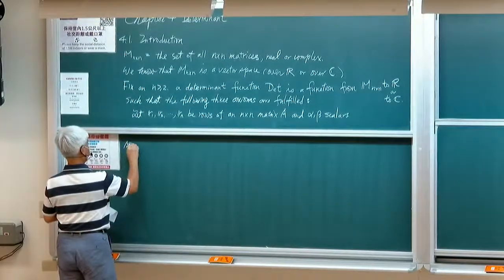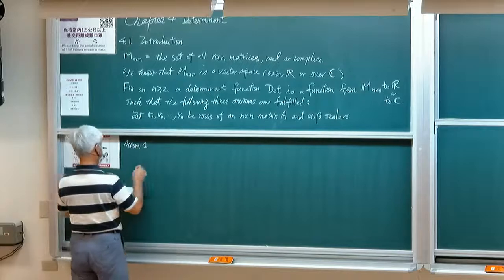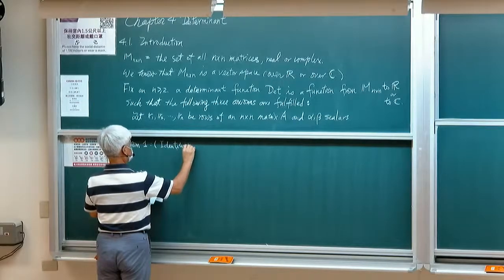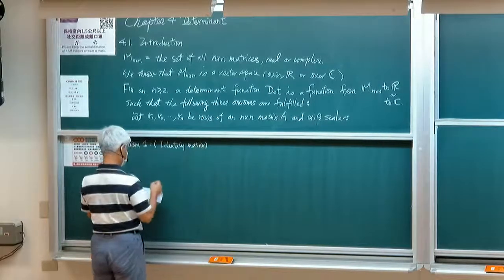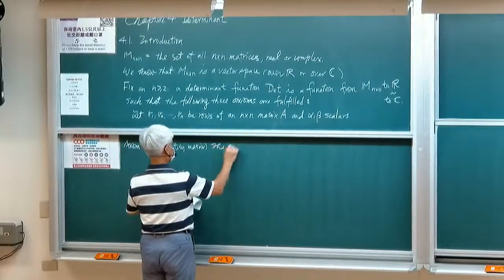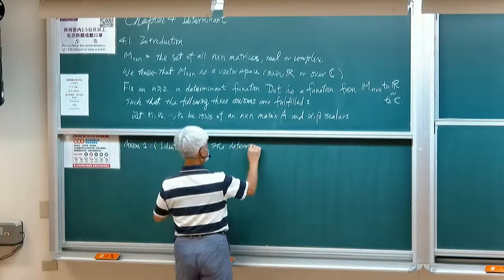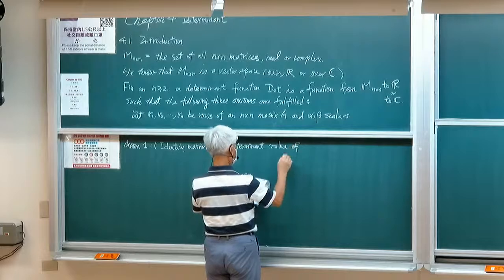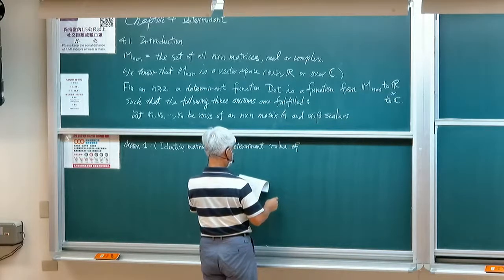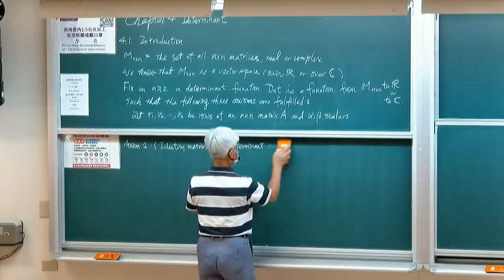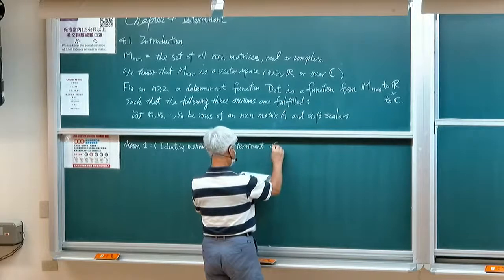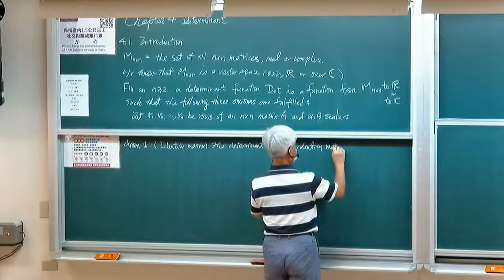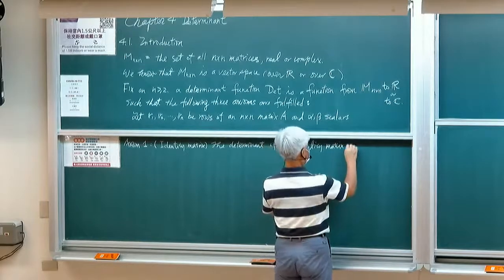Axiom number 1 is called the axiom about the identity matrix. It states that the determinant of the identity matrix is 1.